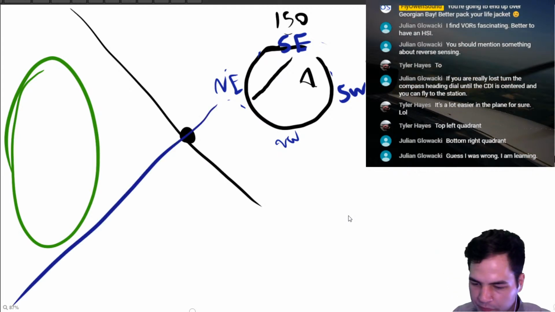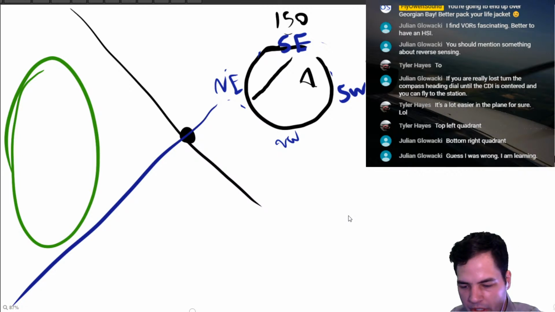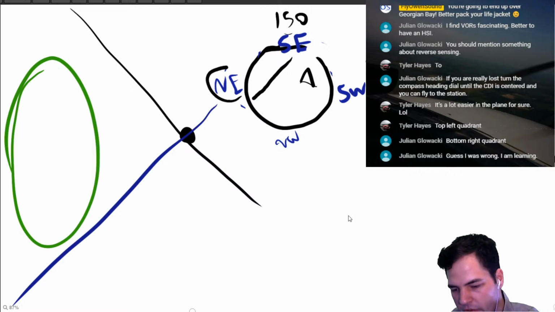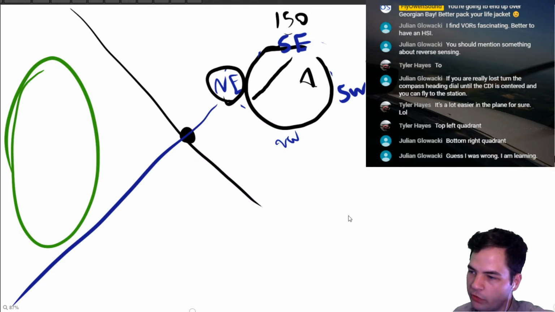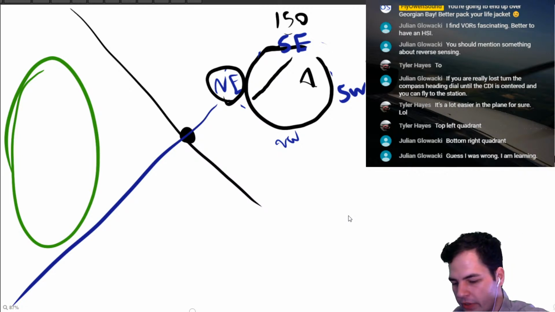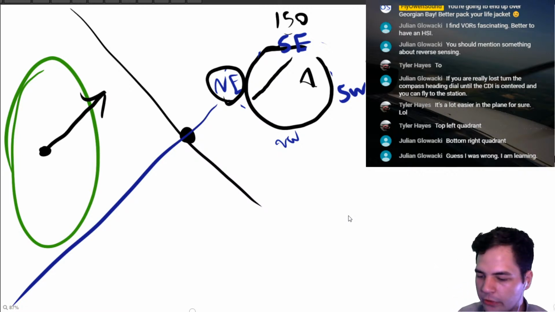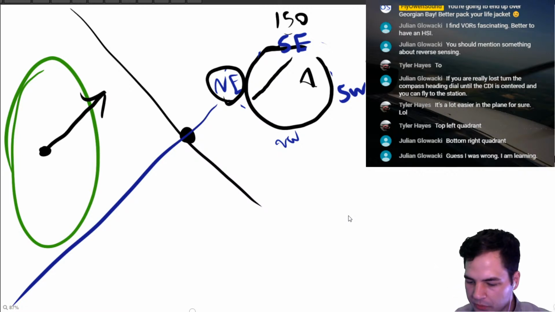So first off, needle to the left. When the needle is to the left, that means the station is more northeast of, or sorry, the radial is more northeast of the airplane. So if my airplane was in this kind of region that I drew, that makes sense. The radial is more northeast of me.